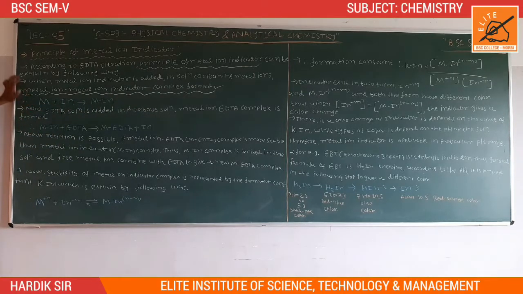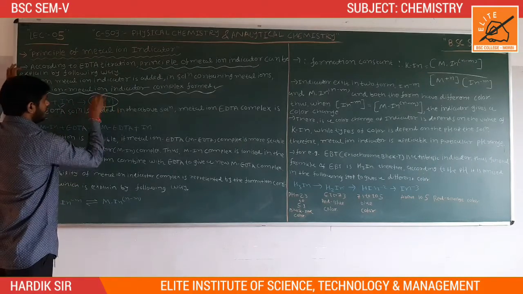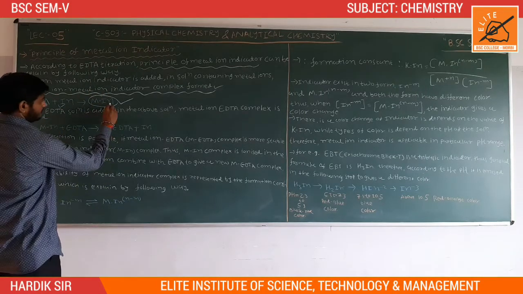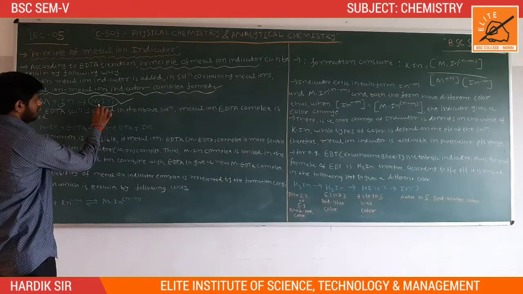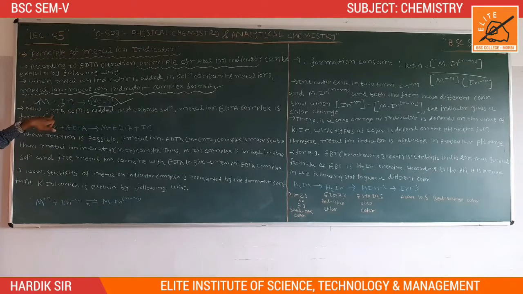First of all, a metal ion reacts with an indicator and forms a metal ion indicator complex. Now EDTA solution, ethylene diamine tetraacetic acid, is added to the above solution. So this solution is a metal ion indicator solution, and we add the EDTA.